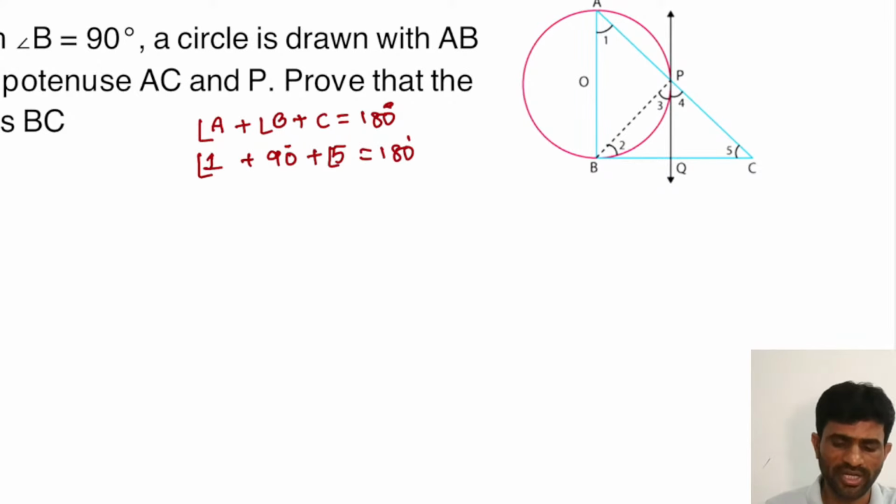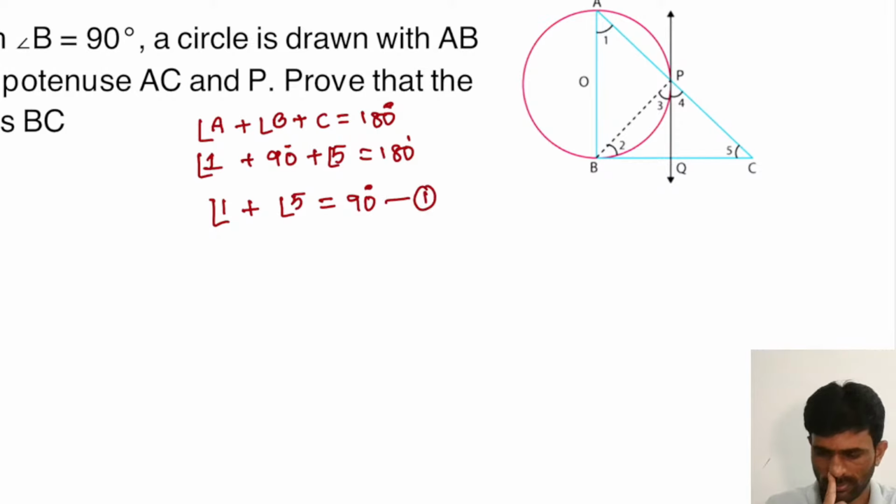So transpose 90 degrees that side, angle 1 plus angle 5 is equal to 180 minus 90, 90 degrees. Take it as 1. Okay, hope you understood this.